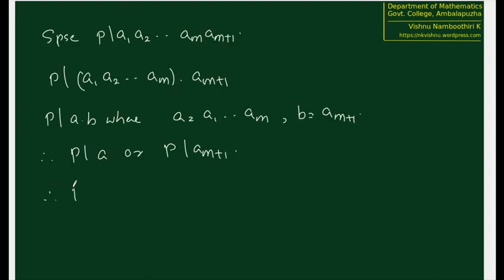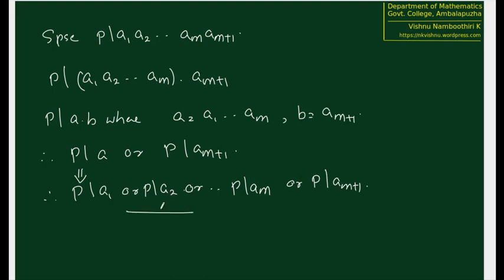Therefore, P divides A implies A1 or A2 or etc. P divides Am. These things are given by P divides A, and for up to Am, if you are taking m elements in the product, it's true. And this is also there, or P divides Am plus 1. This is what we want. So we established in the general case that if P divides a product of numbers, then P divides at least one of them.